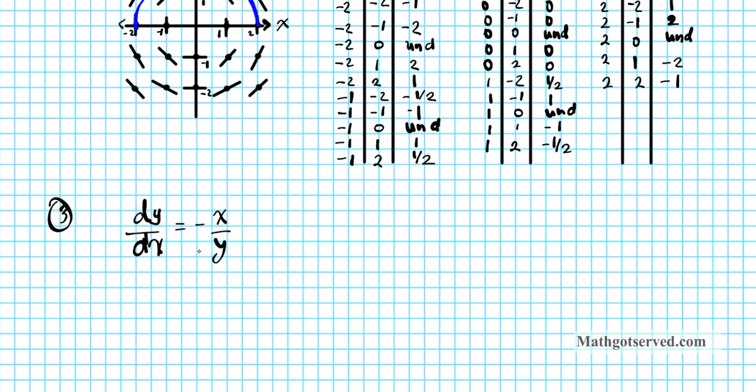If I multiply this side by y dx and that side by y dx, these y's cancel out on the right, and this dx is cancelled out on the left, and you have this nice little equation, y dy equals -x dx.